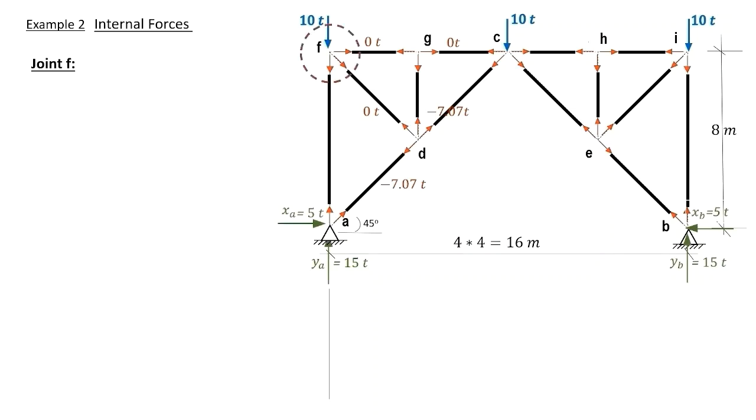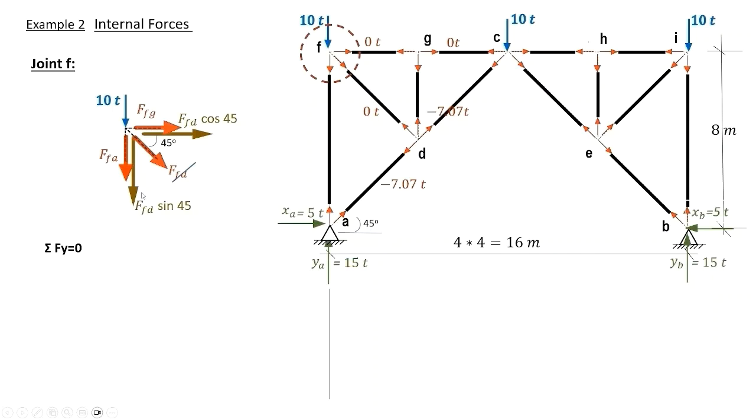We consider joint F. We extracted it outside to have our analysis. FG makes an angle 45 with the horizontal, and therefore it has the components cosine 45 in the x direction and the force multiplied by sine 45 in the y direction.